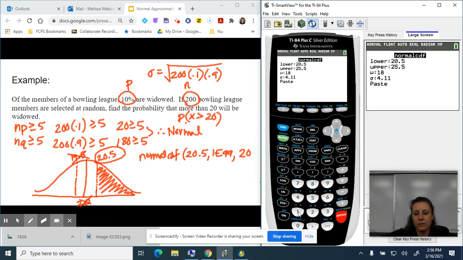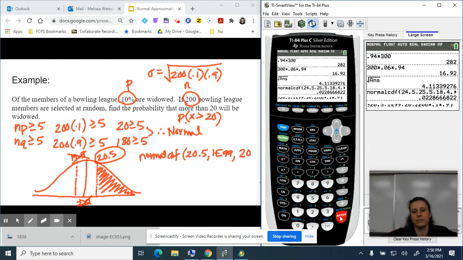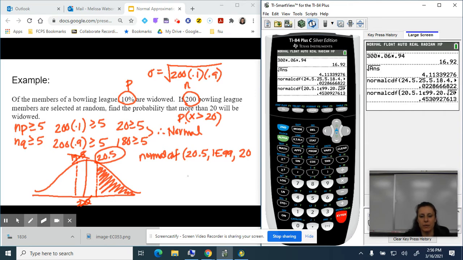It ends at infinity, 1 second comma for the E, 99. The mean was 20. And the standard deviation, I'm just going to type that in and let the calculator do the work for me here. 200 times 0.1 times 0.9. Okay, I get the answer, the probability of 0.4531.